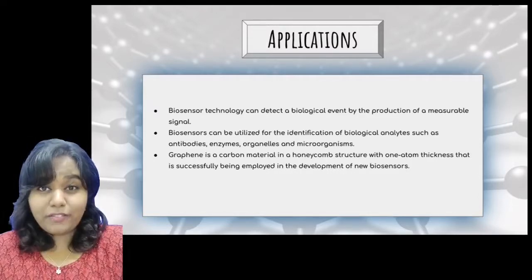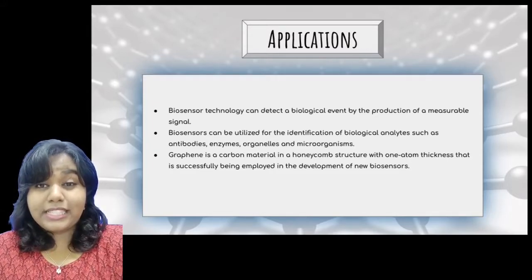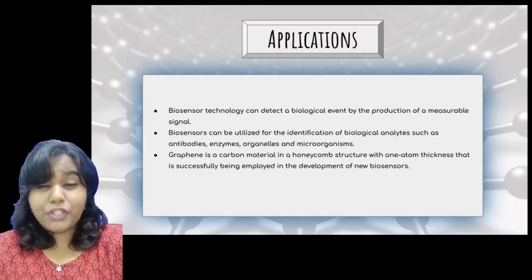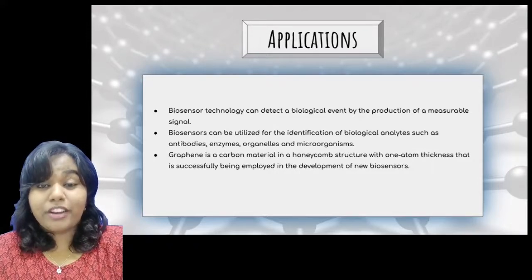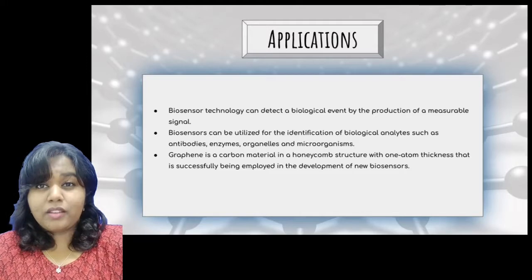As for the benefits of applying graphene to biosensor applications, the single-layer graphene sheet displays properties that are particularly suitable for use as a biosensor: it has a large surface area, high mechanical strength, superior elasticity, and very good thermal conductivity.